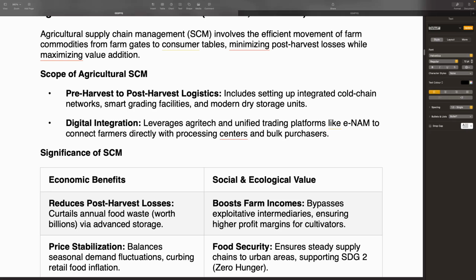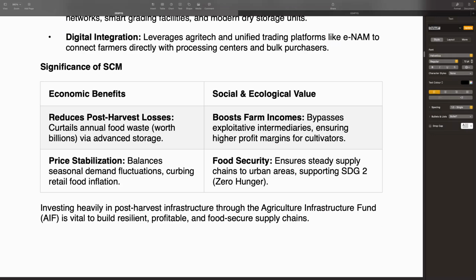Scope of agricultural SCM: pre-harvest to post-harvest logistics includes setting up integrated cold chain networks, smart grading facilities, and modern dry storage units. Digital integration leverages agri-tech and unified trading platforms like eNAM to connect farmers directly with processing centers and bulk purchasers.